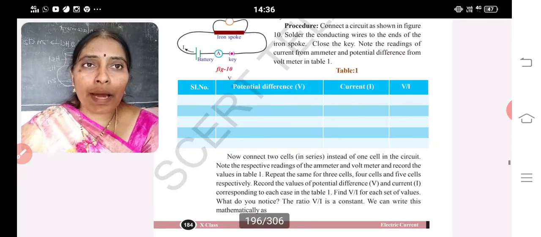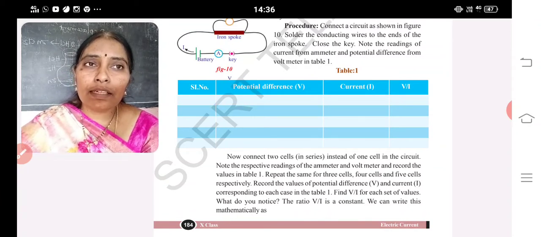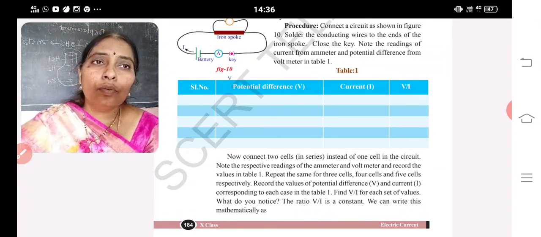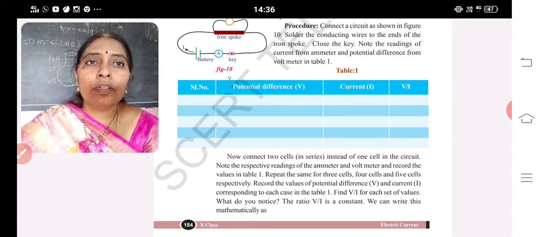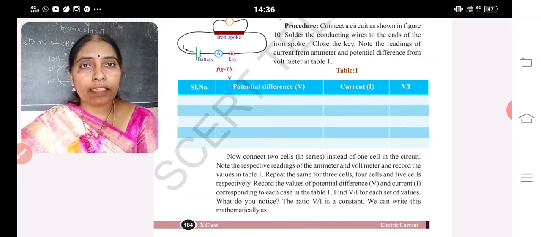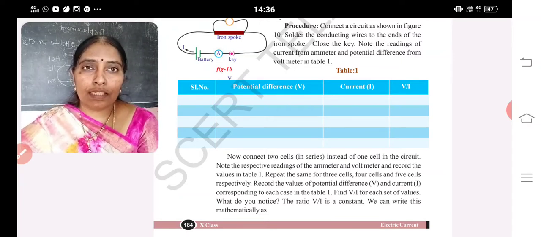When one battery is connected, note the readings of current in the ammeter and potential difference in the voltmeter. Now connect 2 cells. In the first diagram, figure 10, only one cell is connected. Now you connect one more cell to this.